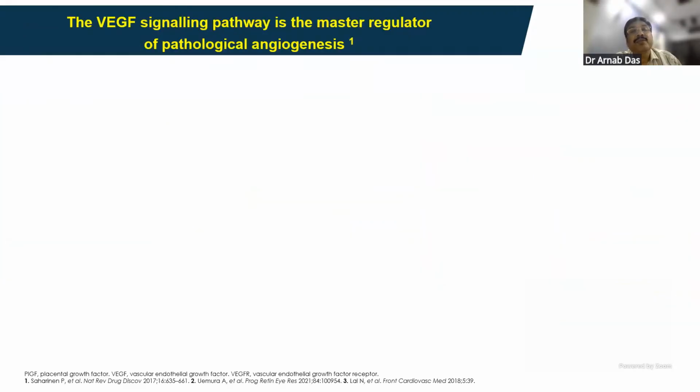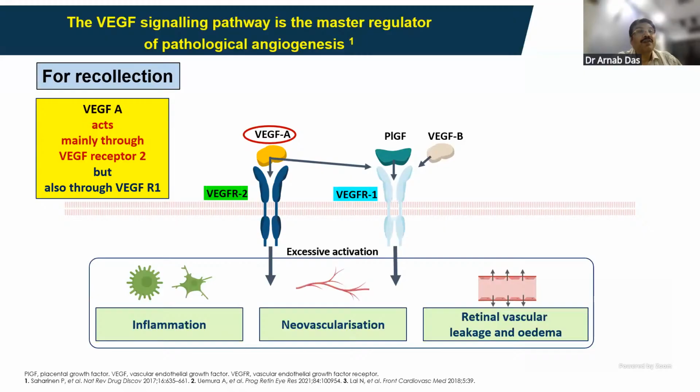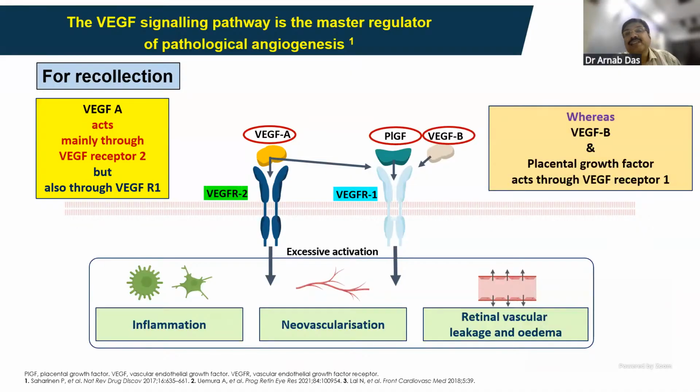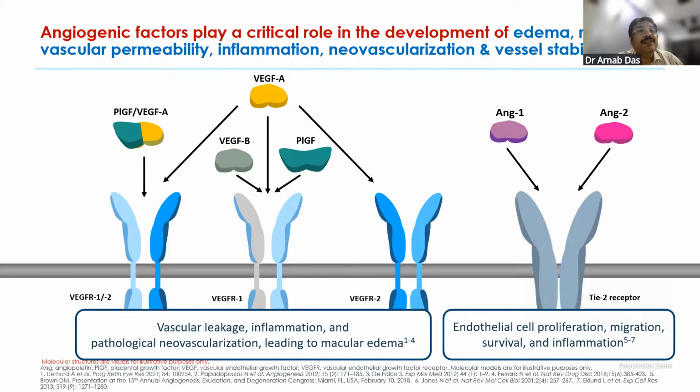The VEGF signaling pathway is the master regulator of pathological angiogenesis. For recollection, VEGF-A acts mainly through VEGF receptor 2, but also through VEGF receptor 1, whereas VEGF-B and placental growth factor act only through VEGF receptor 1. Angiogenic factors play a critical role in the development of edema, retinal vascular permeability, inflammation, neovascularization, and vessel stabilization.